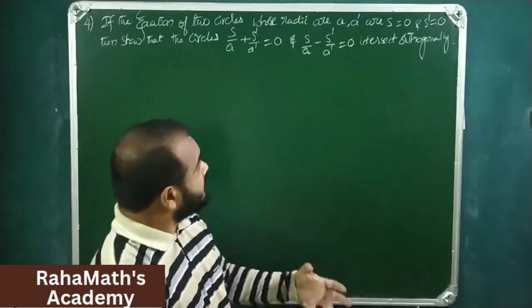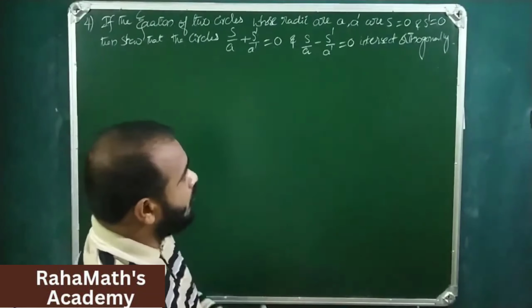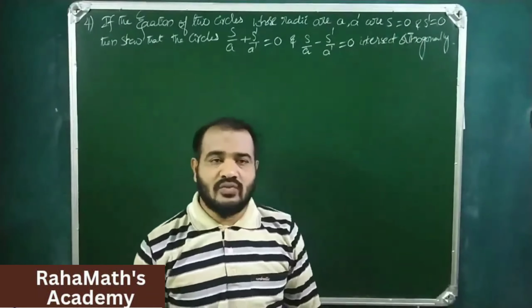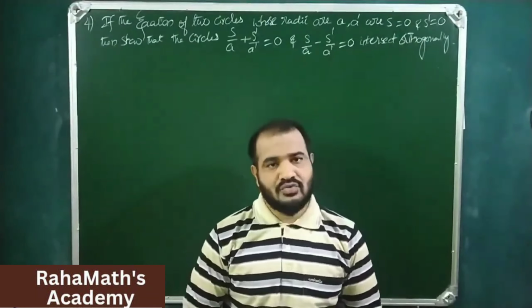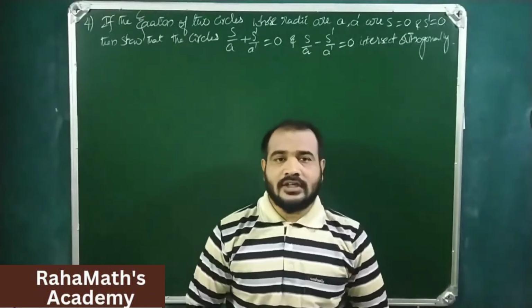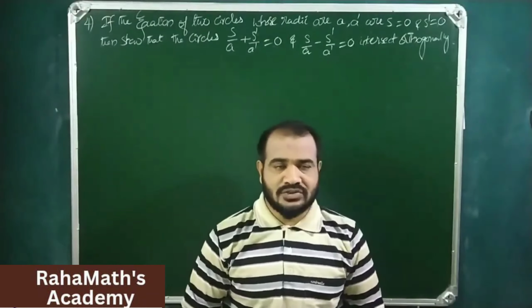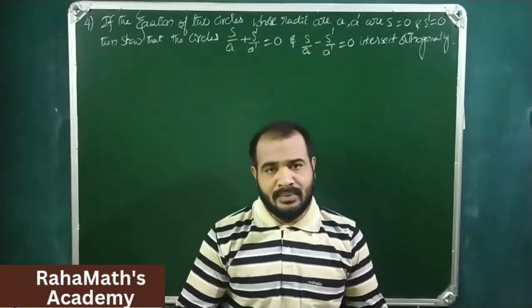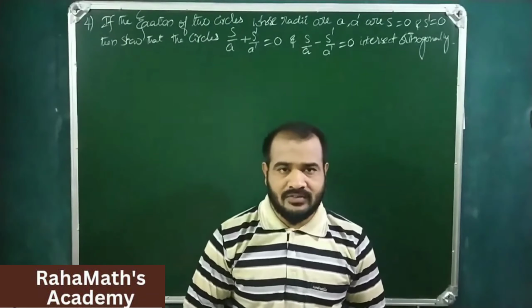So if we try to solve this problem taking S equals the general equation x square plus y square plus 2gx plus 2fy plus c equals 0 and x square plus y square plus 2g dash x plus 2f dash y plus c dash equals 0, then the problem will be more typical and cumbersome.